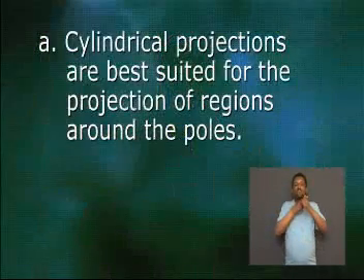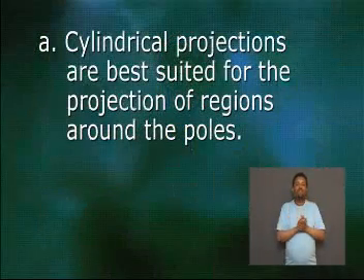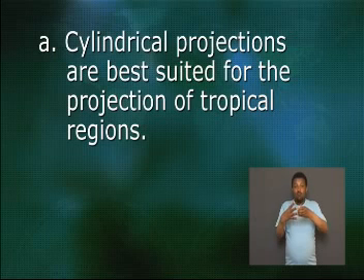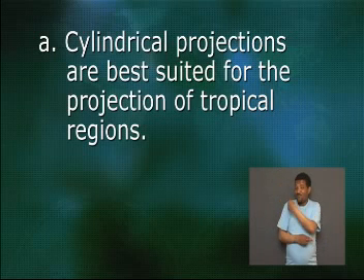Hello again, students. Were you able to determine which statements are true and which are false? Let us go through them together. The first statement is false. Cylindrical projections are actually best suited for the projection of tropical regions.